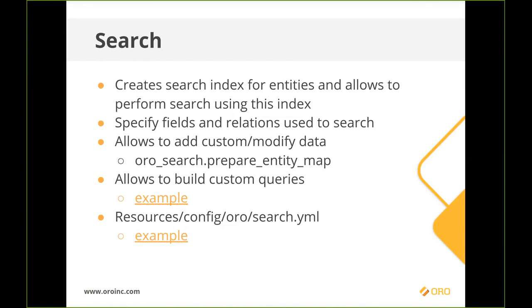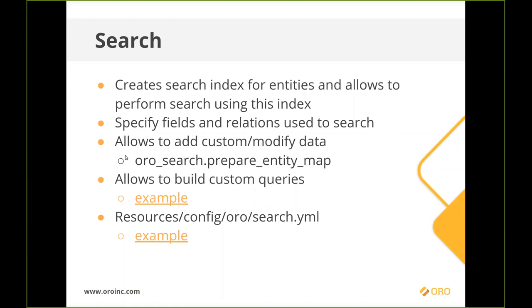In the Community Edition, we have this search implemented in the database using the entity attribute value approach. Okay, so it creates an item for the entity and then separate rows in separate tables for entity attributes, entity properties. So then I can specify the field and relation that I want to use for the search.